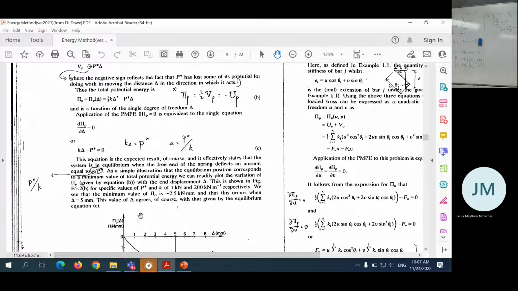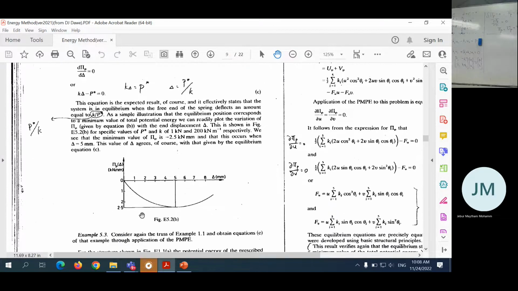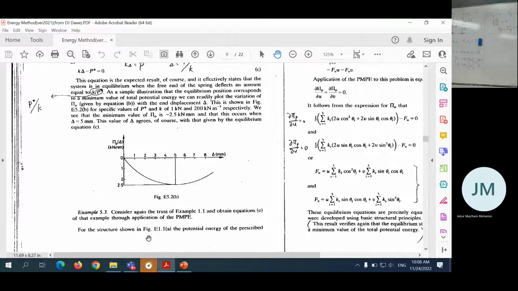So this is the equation for total potential energy, and it's a function of delta. In this graph, the vertical axis is the total potential energy, and the horizontal axis is the displacement delta. Here we assume some values so that we can plot this.